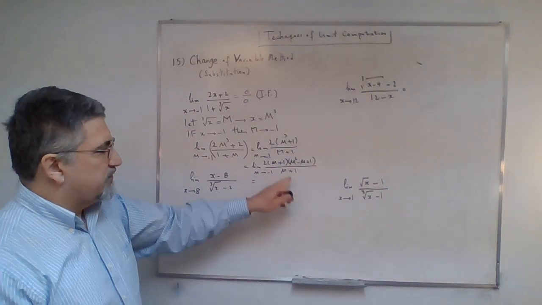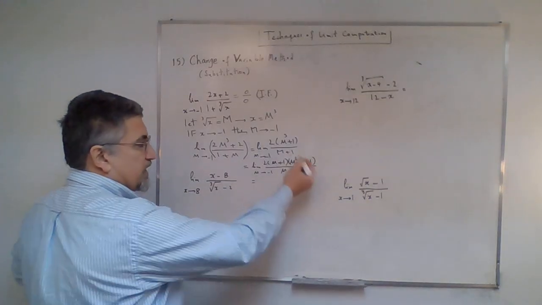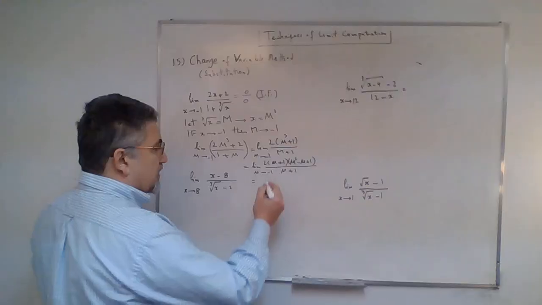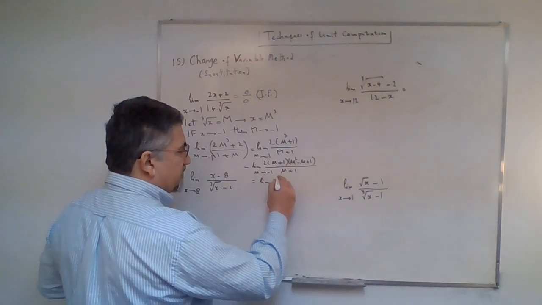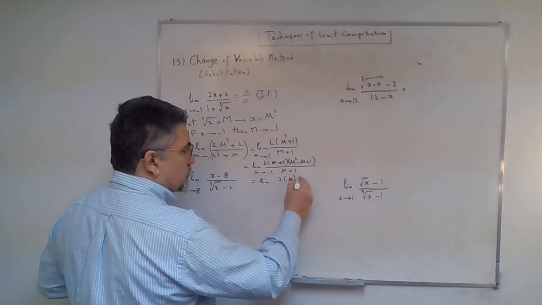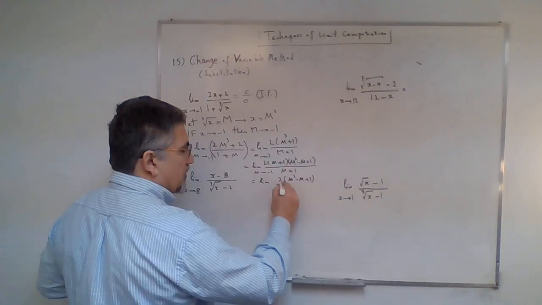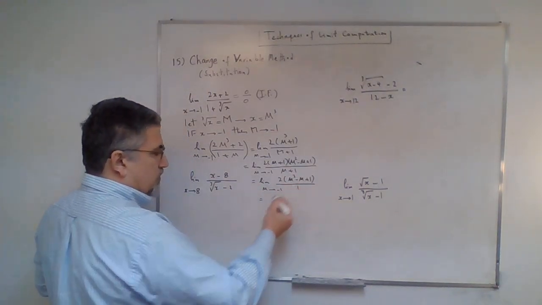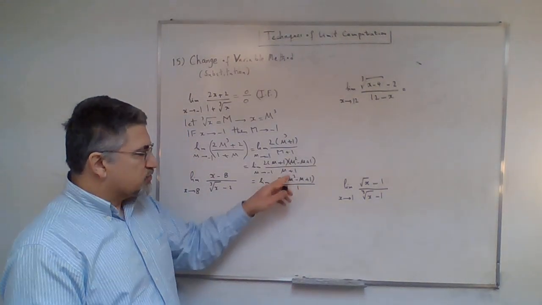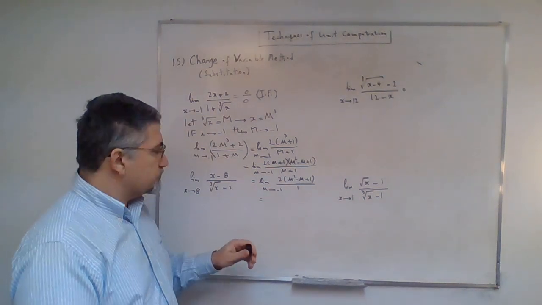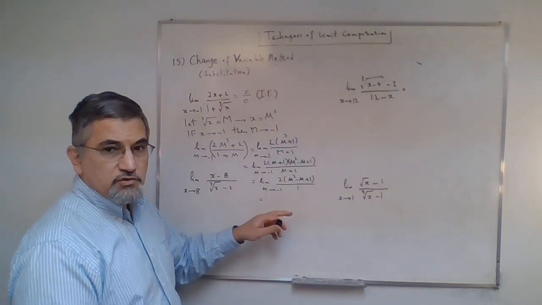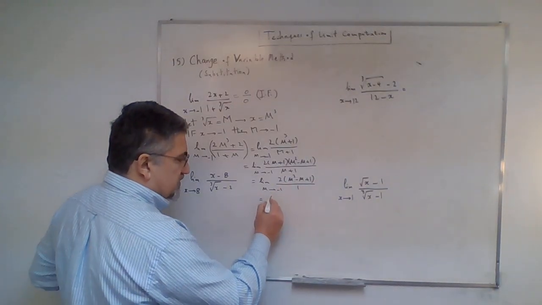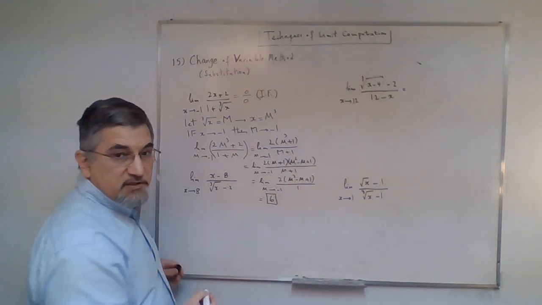If you simplify this rational expression, canceling m plus 1 from top and bottom, you end up with the limit of 2 times (m squared minus m plus 1) all over 1 only. So if m approaches -1, m squared would approach 1, and negative m would also approach 1. So we end up with 6 as the final answer to this limit.